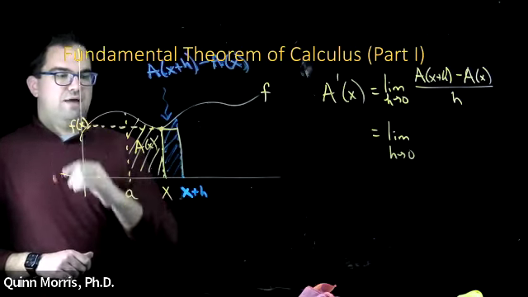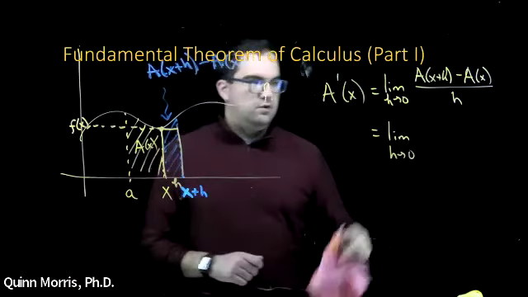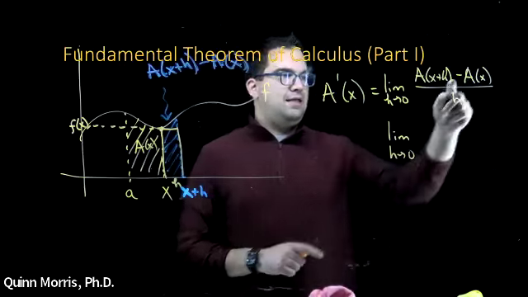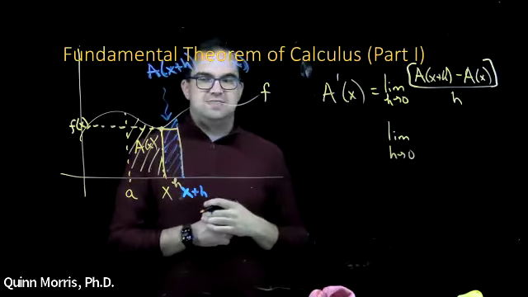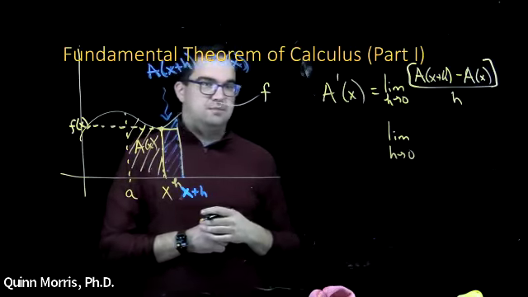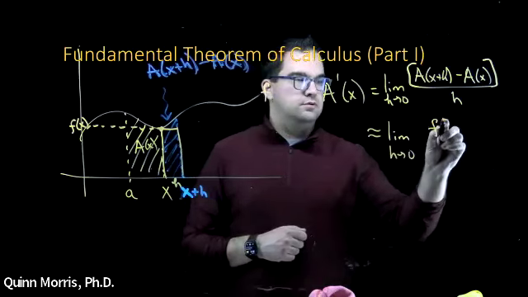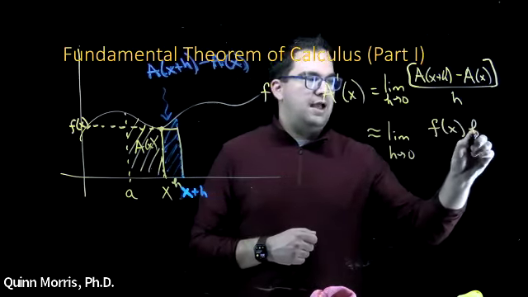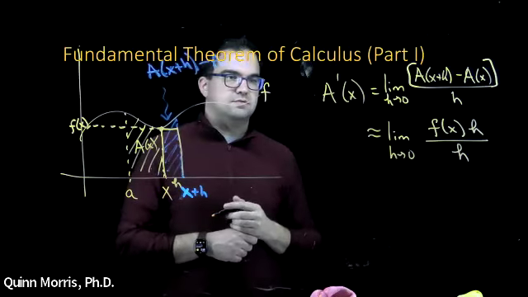So this would be f of x, and whose base would be h. So while this quantity, A of x plus h minus A of x, is not exactly f of x times h, as h gets very small, it should be very close. So this should be roughly f of x times h, that difference.